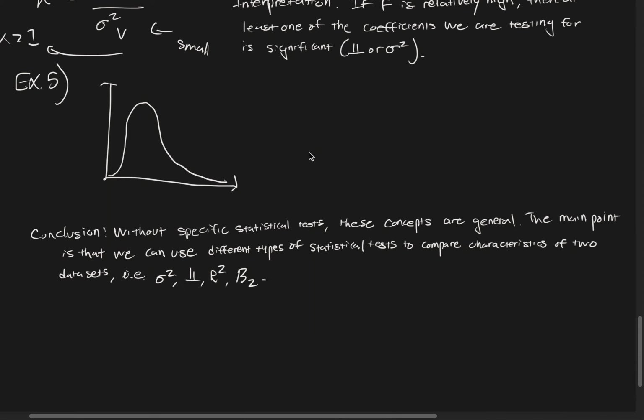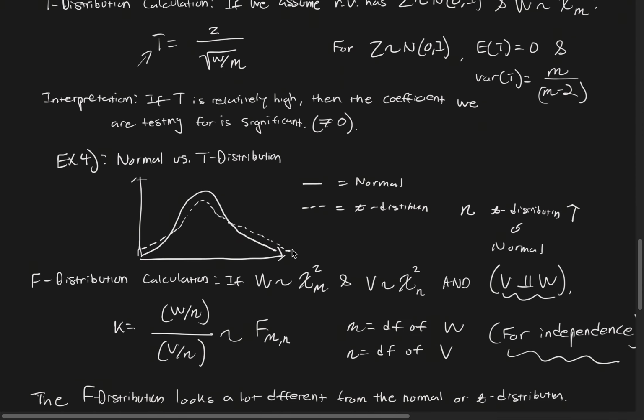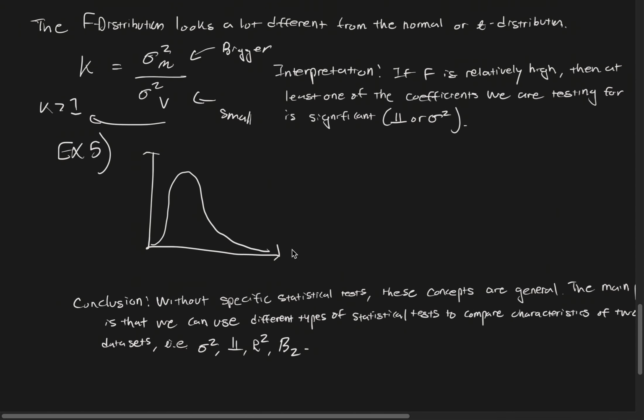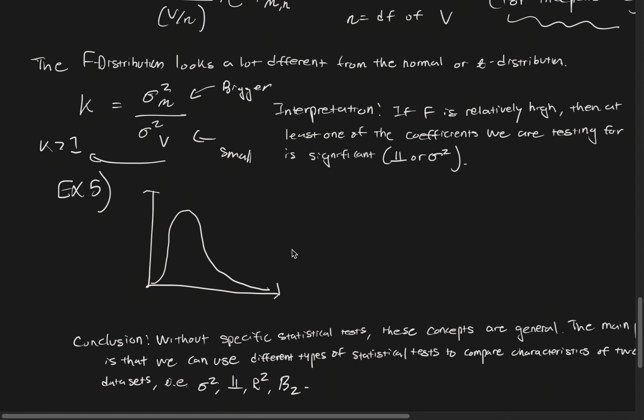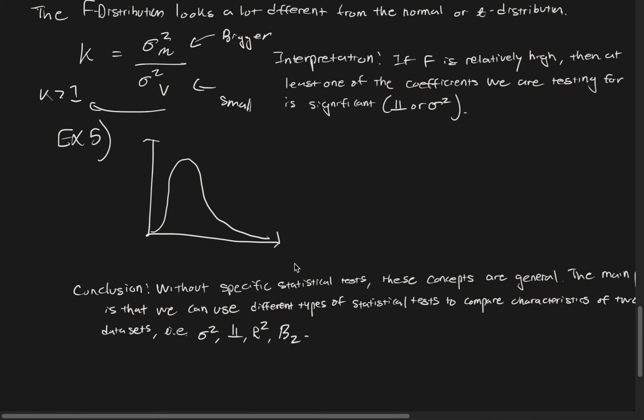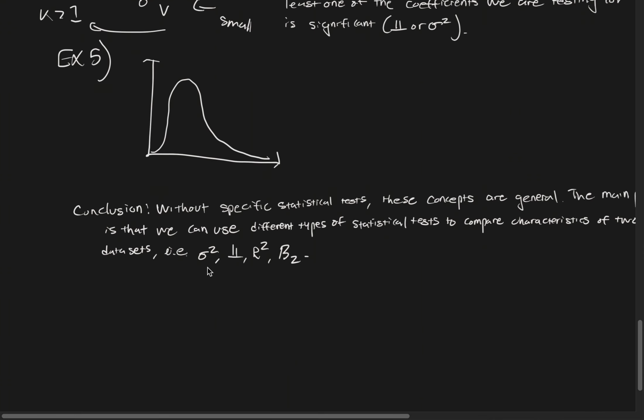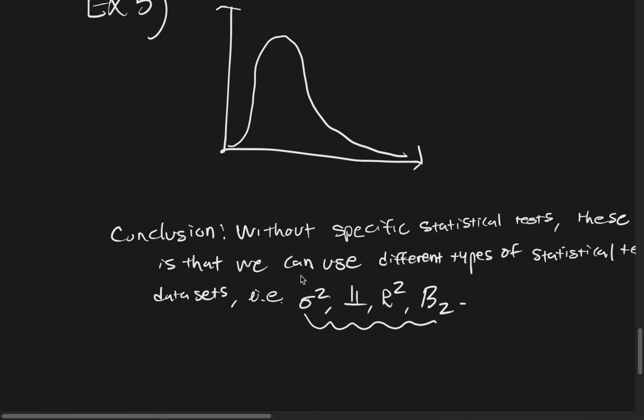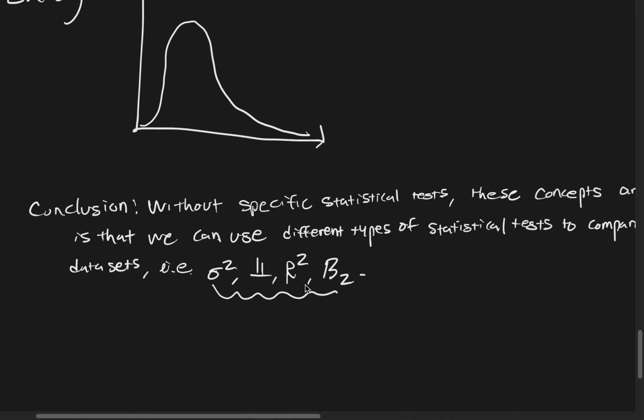But it's still useful to note the general use of these different tests, because we want to find the relationship between two data sets or sets of values, and we're using characteristics such as the variance, whether they're independent, the goodness of fit, or the coefficients.